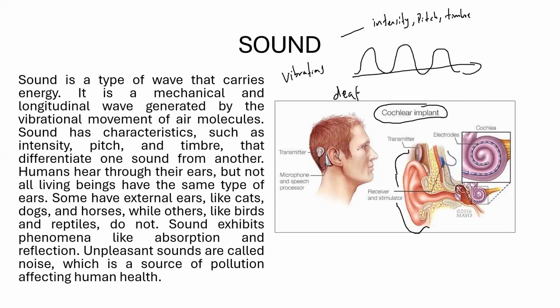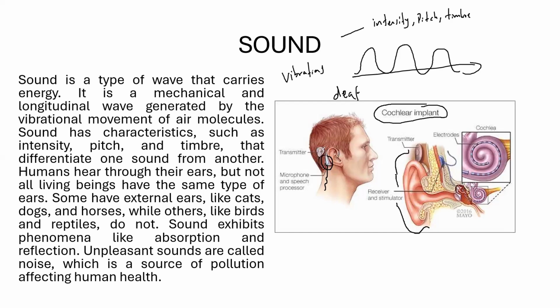It will contain a microphone, which is the one that picks up the sounds from the environment. So basically, the sound waves will travel in until they crash against this microphone. Then we have a speech processor that selects and arranges sounds picked up by the microphone, okay?